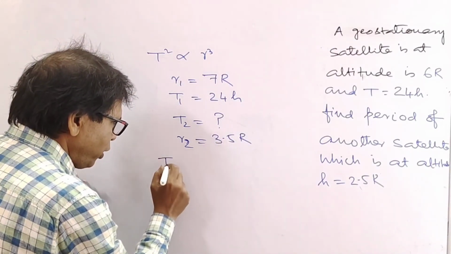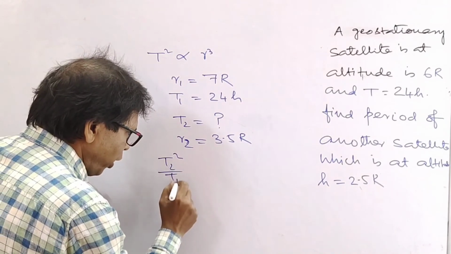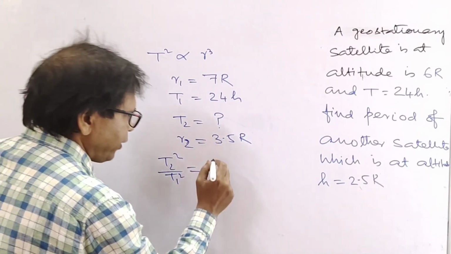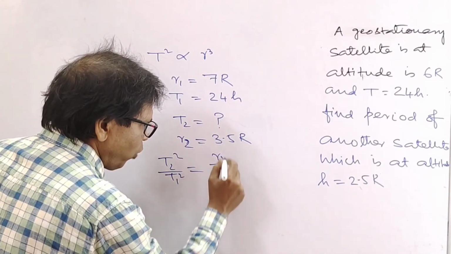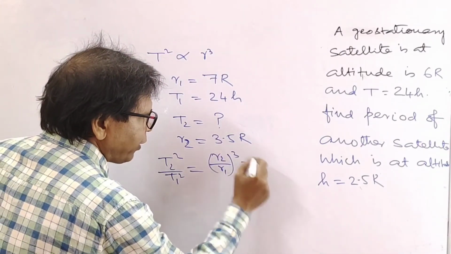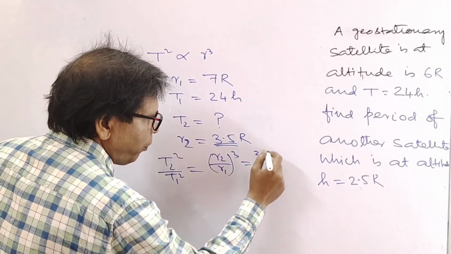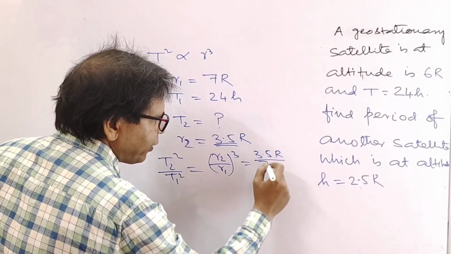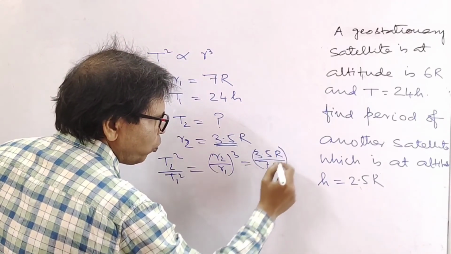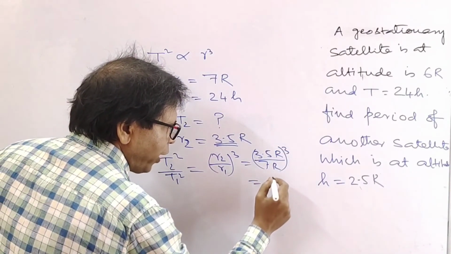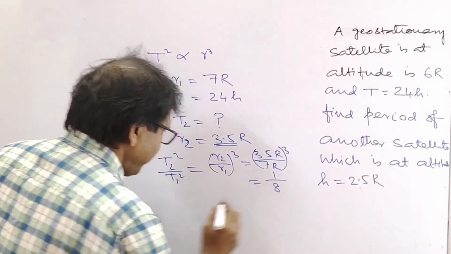Okay. Now T2 square by T1 square equals R2 by R1 whole cube. So this is 3.5R and this is 7R, whole cube. So this is 1 by 8.